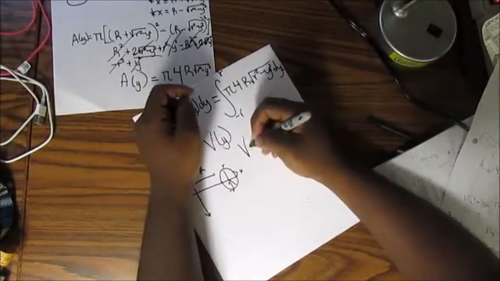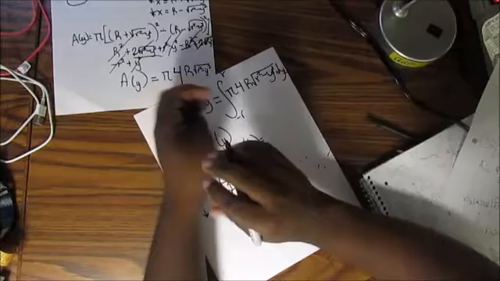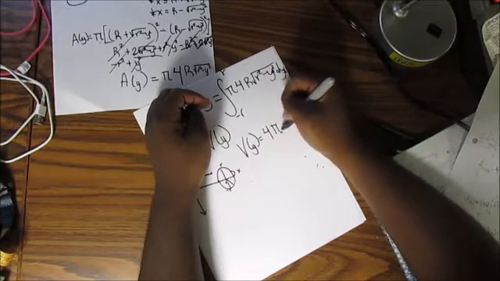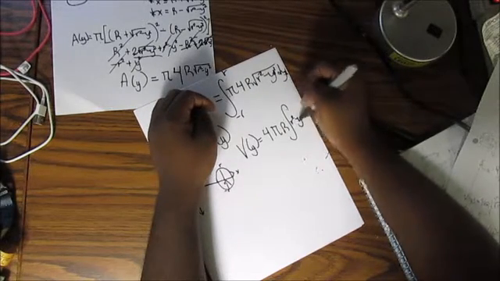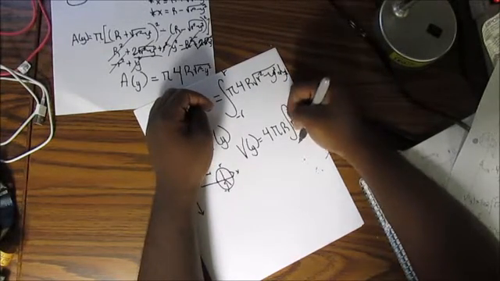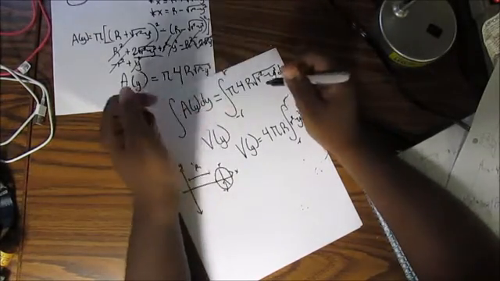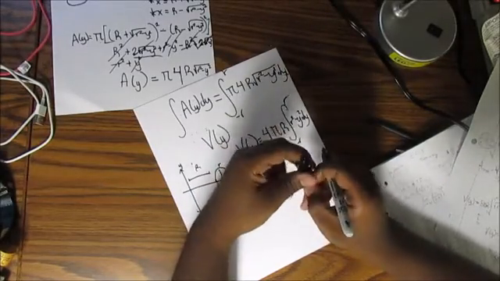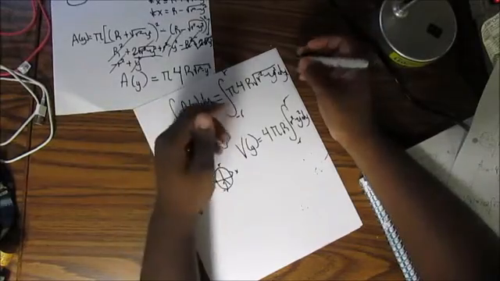So we can simplify this equation. V sub y equaling 4 pi R times the integral of the square root of r squared minus y squared dy, from negative r to r. We can actually do this from 0 to r, because if you recall, half of a circle is symmetric.